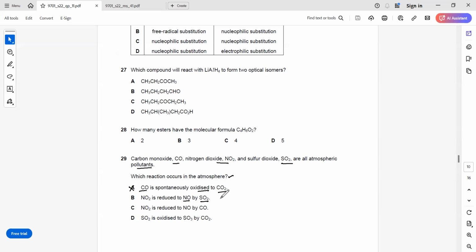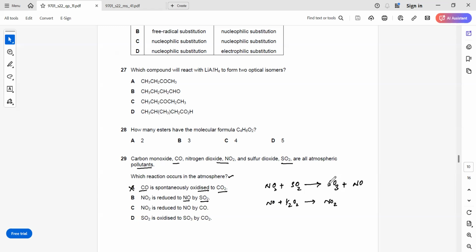Okay, yes, this reaction is occurring in the atmosphere. This NO2 reacts with sulfur dioxide and converts it into sulfur trioxide and NO. And then this NO which is produced is again oxidized by oxygen and gives NO2 back.